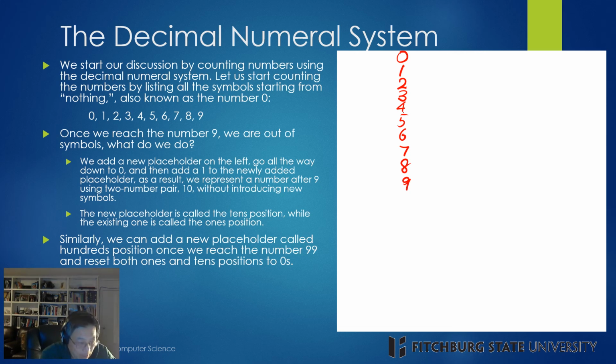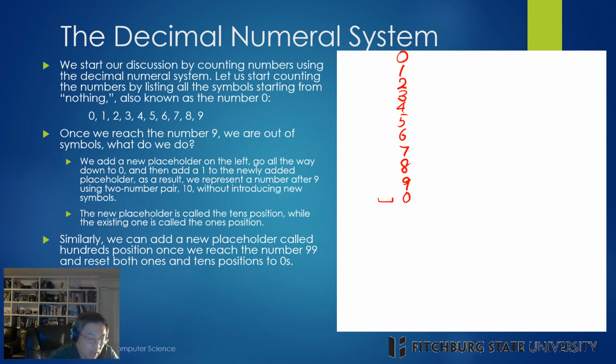Now we know that the decimal numeral system uses 10 symbols. Here we have run out of symbols. So in order to count one more, one way we could do this is to add another symbol. But we are not going to do this. What we're going to do is add a new placeholder on the left and reset the value to 0.